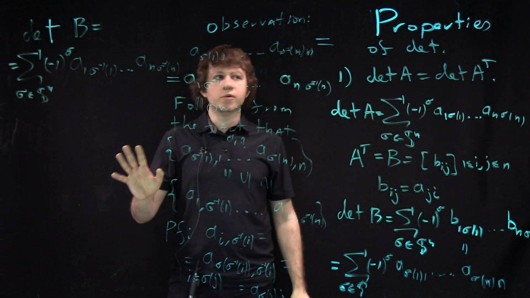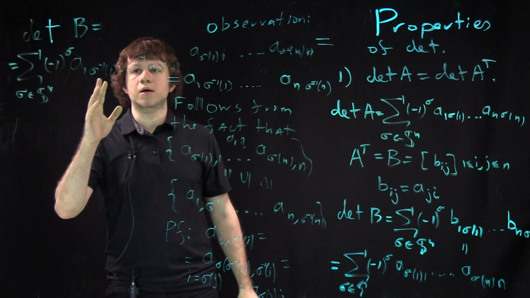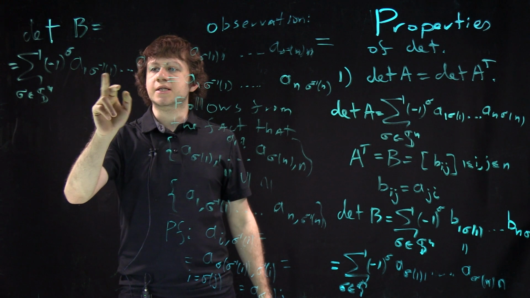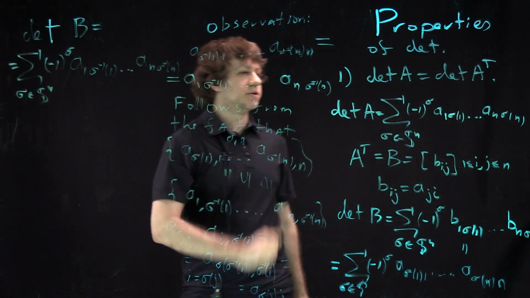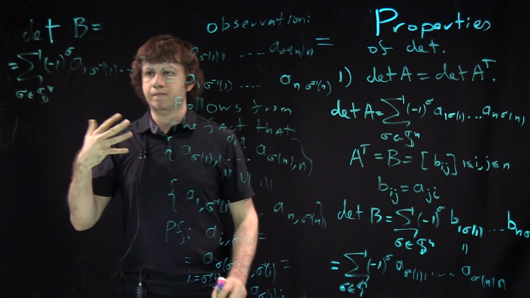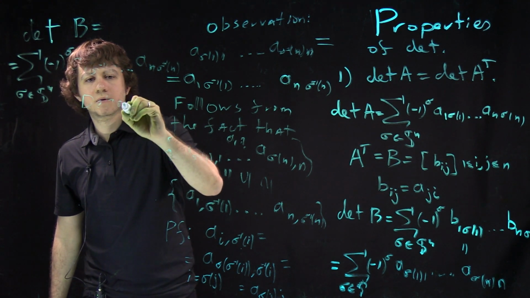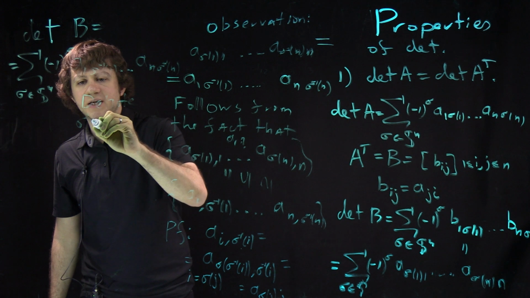So that looks almost right, because now we sum over all permutations, except we have sigma inverse here. But let's denote the sigma inverse by tau.